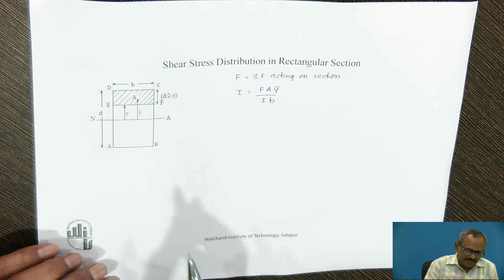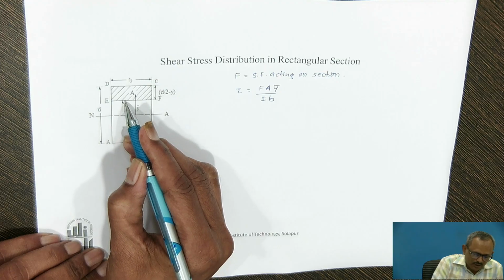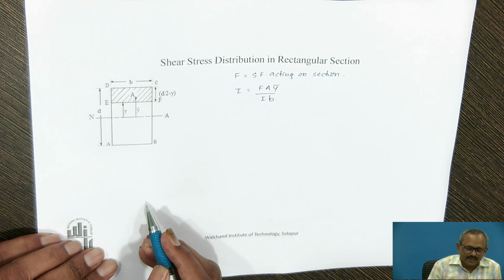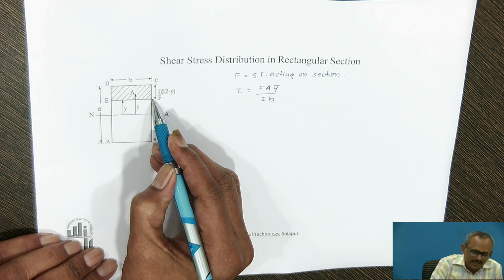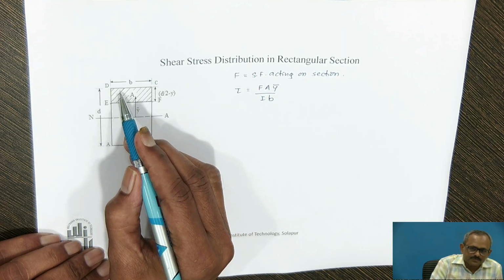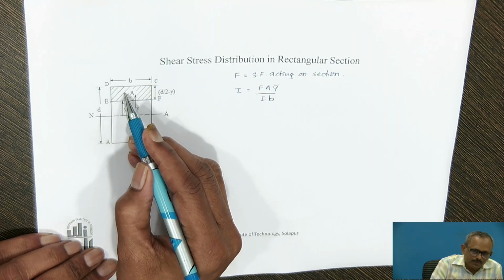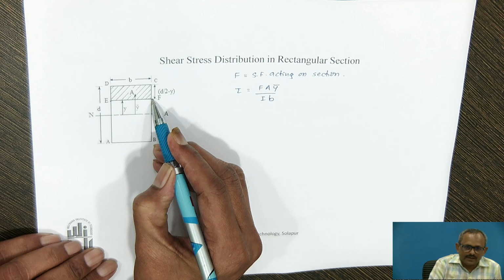So, let us consider a level EF at a distance y from the neutral axis, and therefore, the portion which is above this level EF is shown by EFCD. This is the shaded portion which is above the level EF.